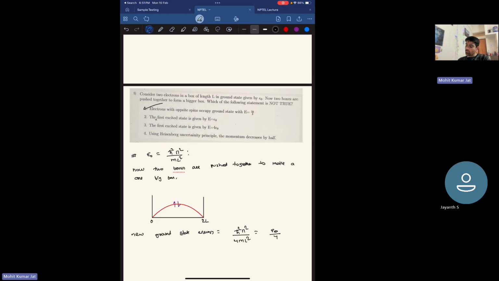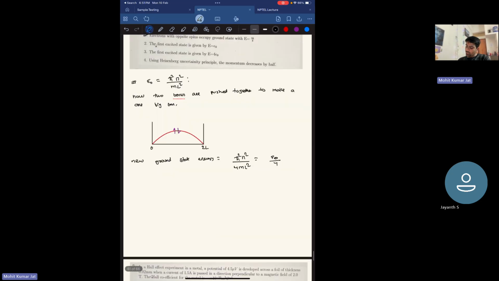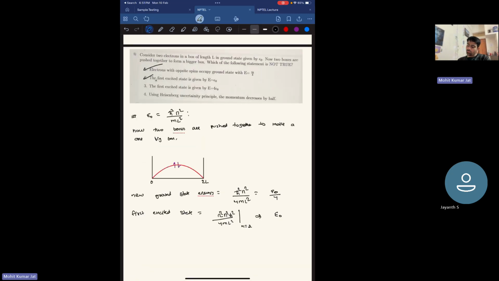This is true, and the question is asking which is not true. The first excited state is given as this. So the first excited state will be n square pi square h bar square by 4 m L square, with n equal to 2. This gives E naught. This is also true.